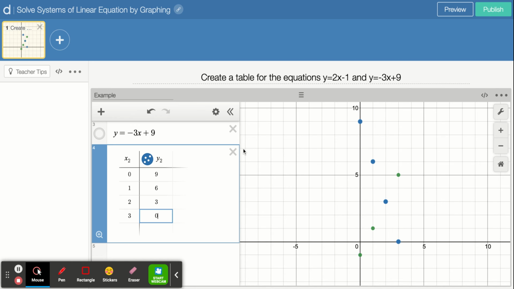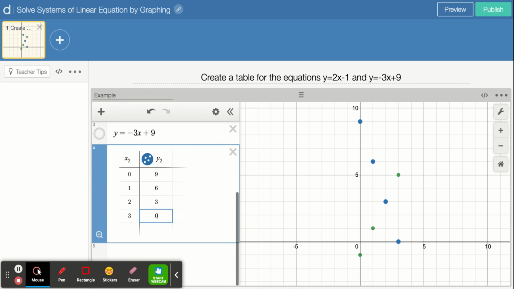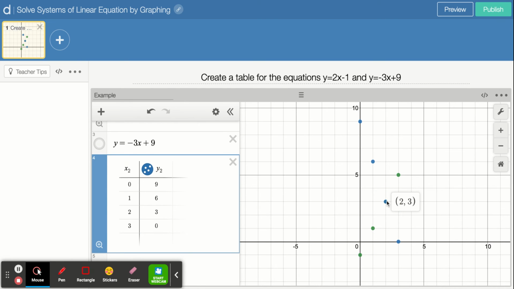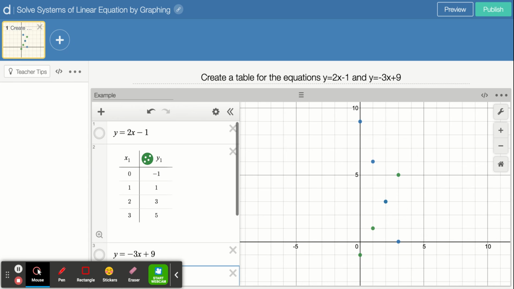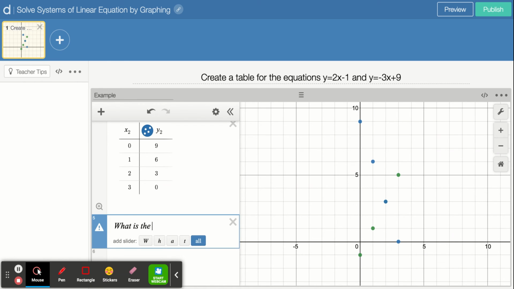And so now I can begin to look for any place these two graphs intersect. So looking, I can tell right here at this spot, 2, 3, that coordinate point shows up in both of my tables. So that means if I were asked, what is the solution to the system?